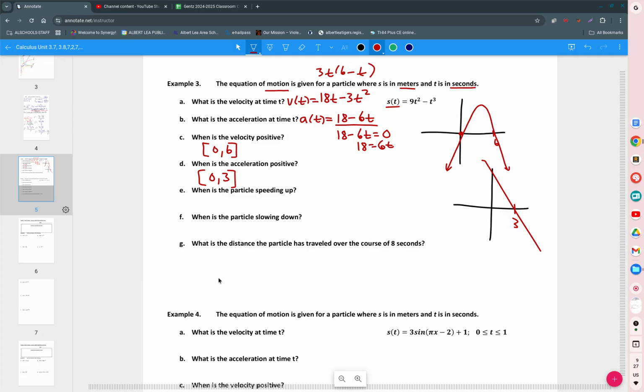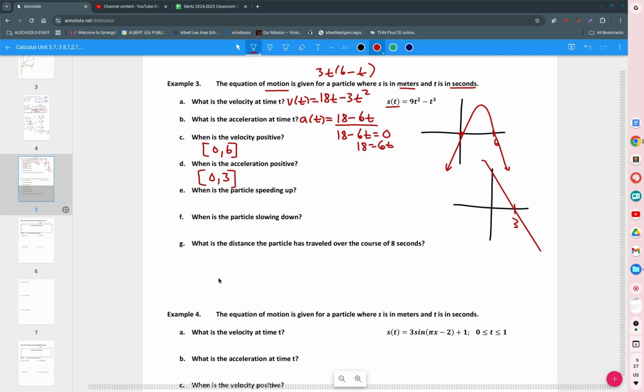And am I accelerating or decelerating, okay? You ready? Velocity positive or negative? Positive. Accelerating or decelerating? Decelerating. So was I speeding up or slowing down in that situation? I was slowing down. Okay.